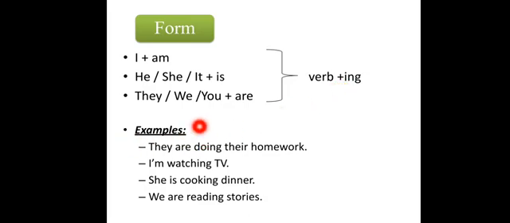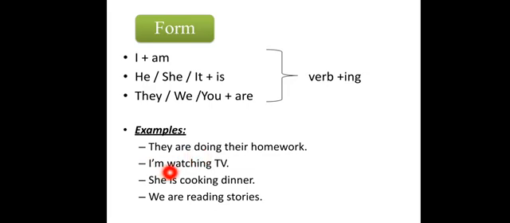So the subject, am, is, or are, and then the verb plus ing. Look at these examples. They are doing their homework. The subject here is they, so we used are after it and we added ing to the verb, which is do.